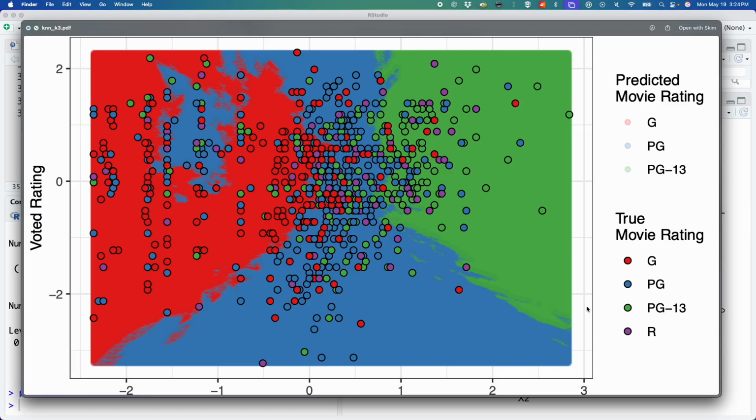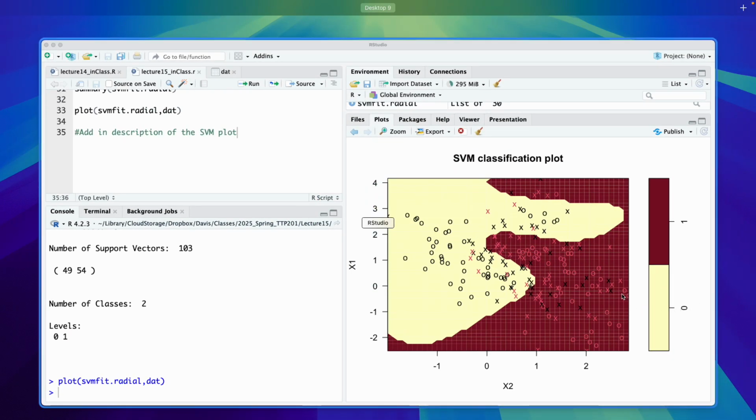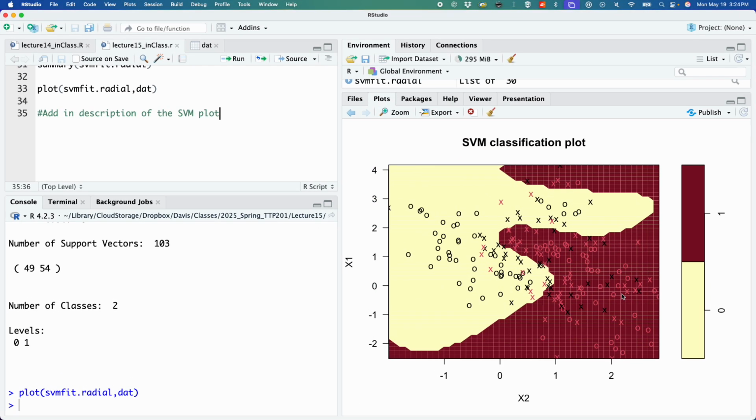It's a different type of thing being drawn here, but essentially you're drawing boundaries for where values should be red versus blue versus green. The hyperplane is doing the same thing, except it's got a single separator.